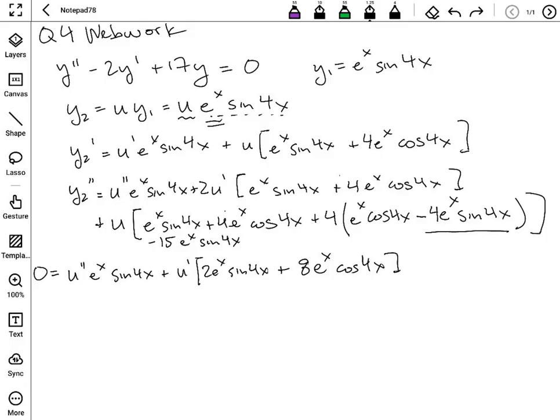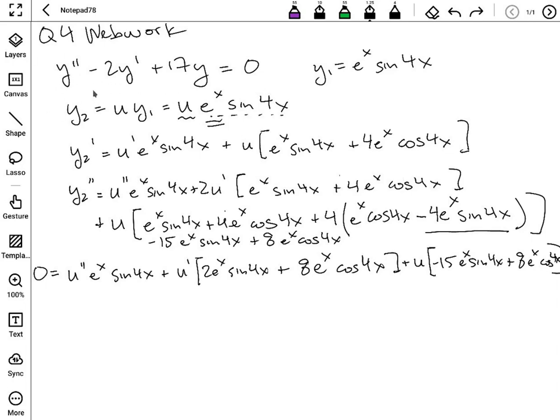So when I add those together, it's just going to be plus 8e^x cos 4x. I think I can fit that all. I'm going to try my best. So u times minus 15e^x sin 4x plus 8e^x cos 4x. Okay, it really doesn't fit, but that's okay. And then that was just adding my y prime out front.